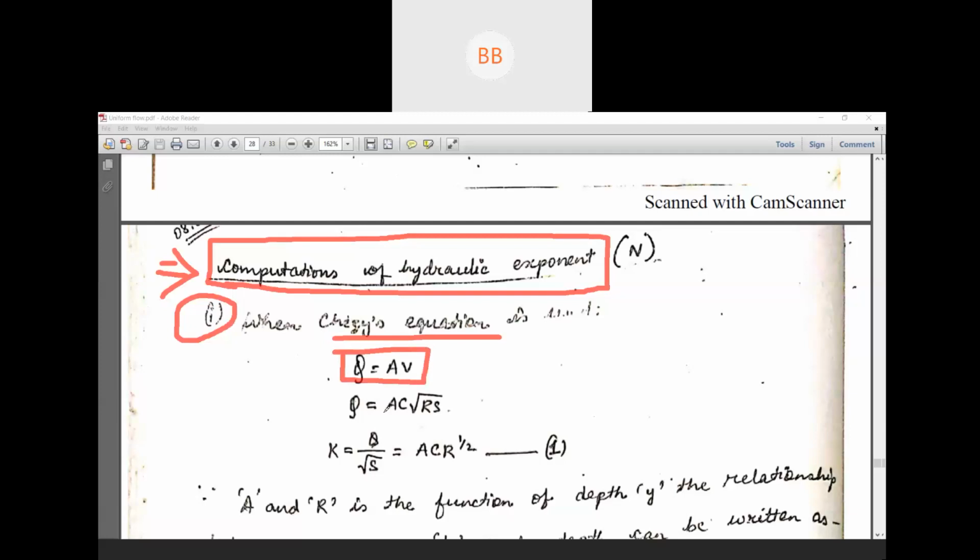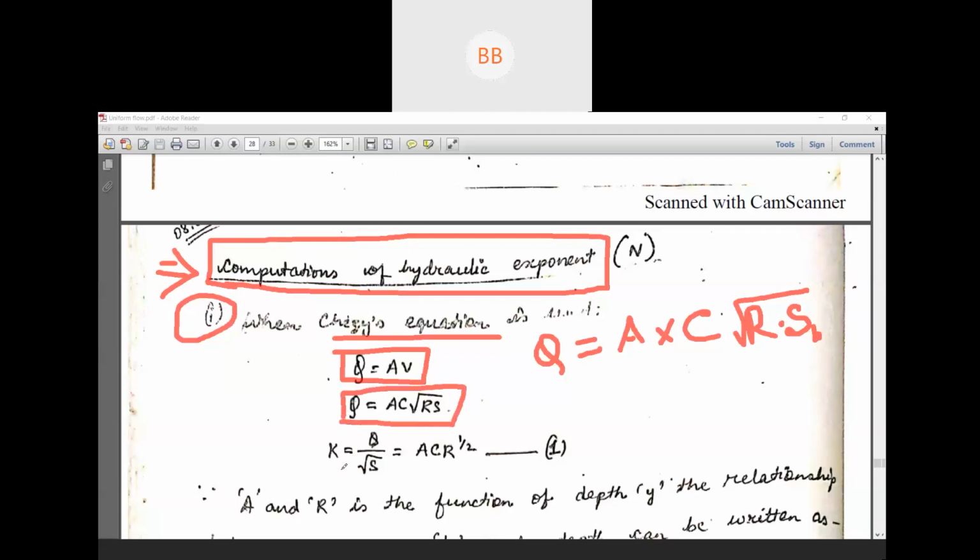And in place of velocity, we are going to use Chezy's equation. So Q equal to area, and velocity we use Chezy's equation, that is Chezy's constant C root over R, hydraulic radius, multiplied by slope, that you can say is the bed slope. This is our next expression.